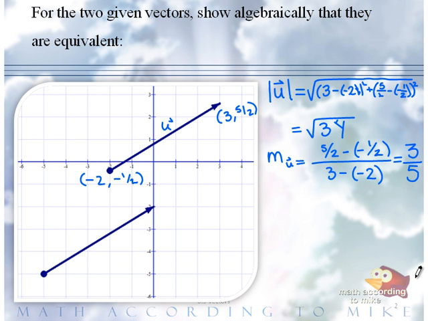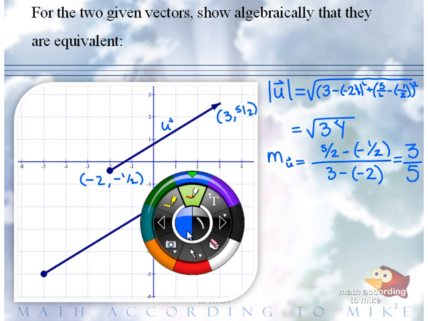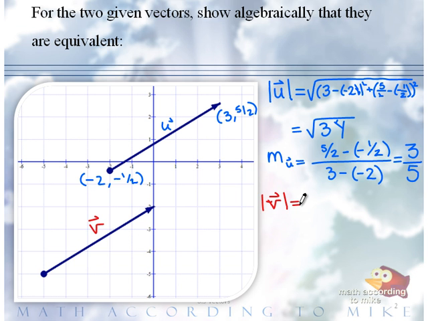All right, so what's the setup for the magnitude of, we'll call this vector v. Anyone? So square root of the quantity -2 minus -5, then what?